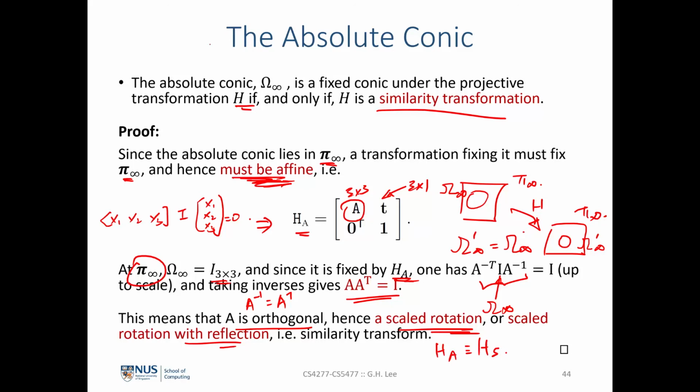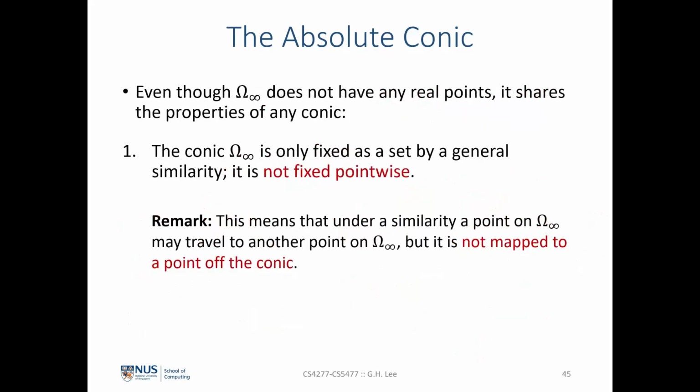Hence we have proven that H must be a similarity transform, and therefore the absolute conic will only stay fixed under a similarity transformation, which also fulfills the invariant property of the plane at infinity.